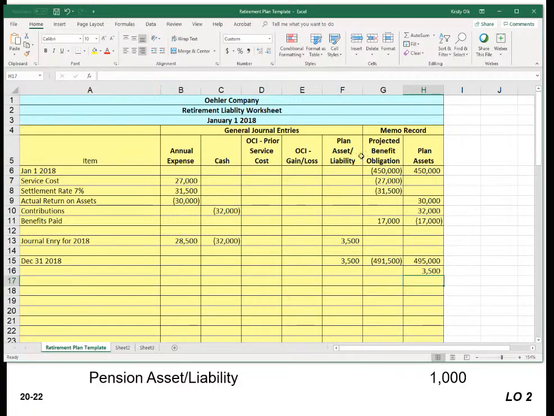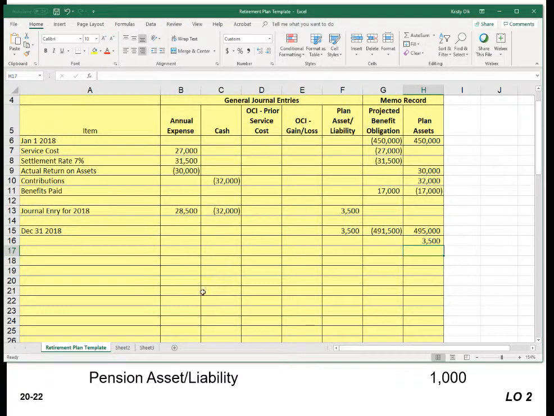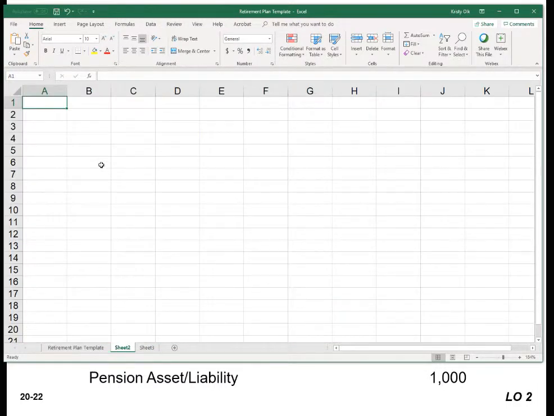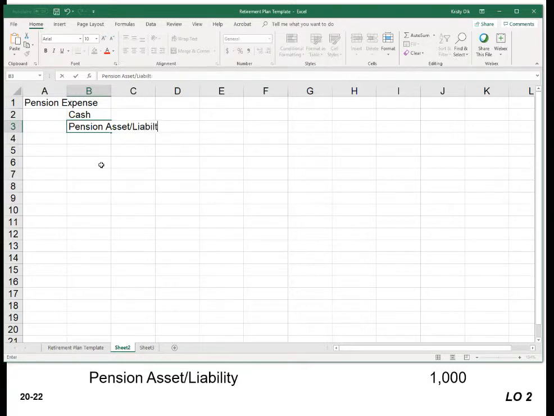So my entry would be, we would have a pension expense. We would have our cash, and then our pension asset liability.